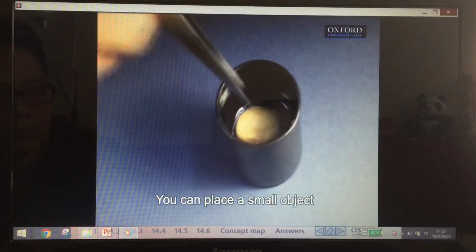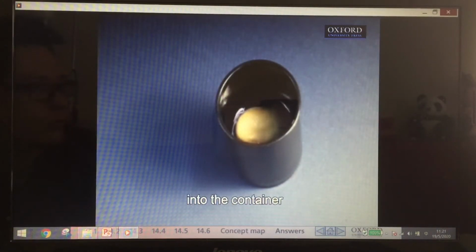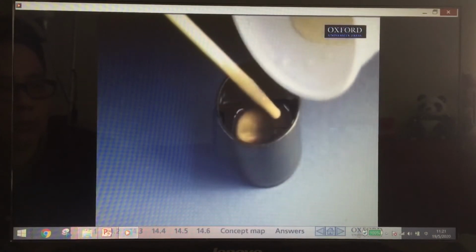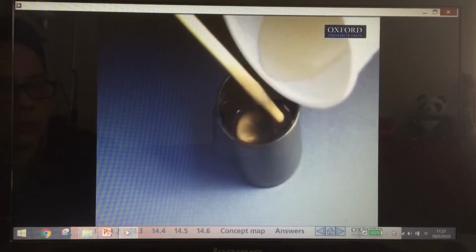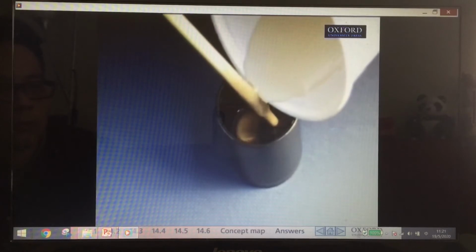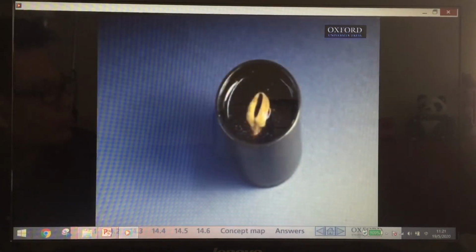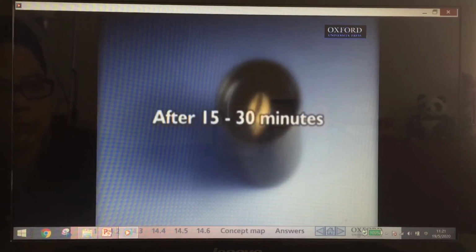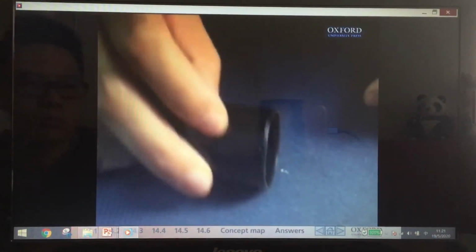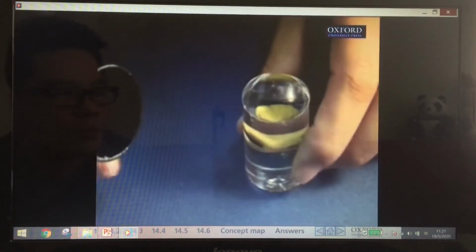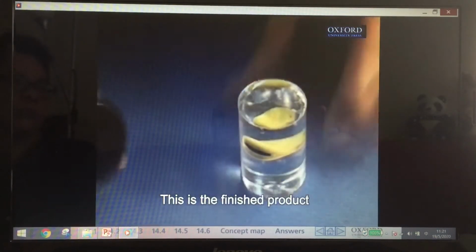You can place a small object into the container and then fill up the container with the same mixture. This is the finished product.